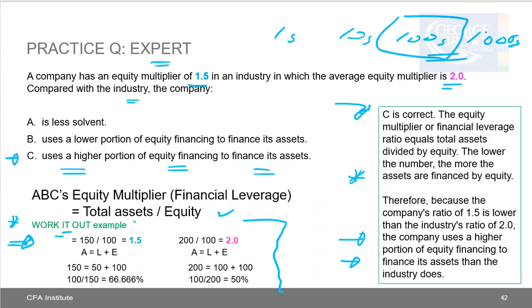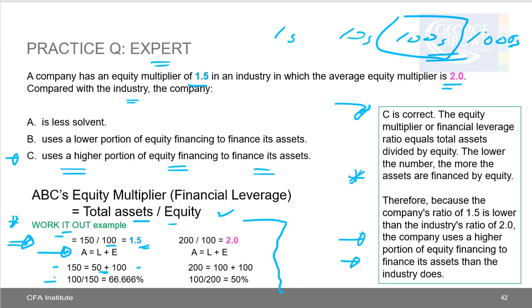So the formula is assets divided by equity. So an equity multiplier of 1.5 using a base of 100 for my equity, that means I would make the numerator 150. My total assets would be 150. Then recalling the formula assets equals liabilities plus equity, if my assets is 150 and my equity is 100, means the liabilities has to be 50.